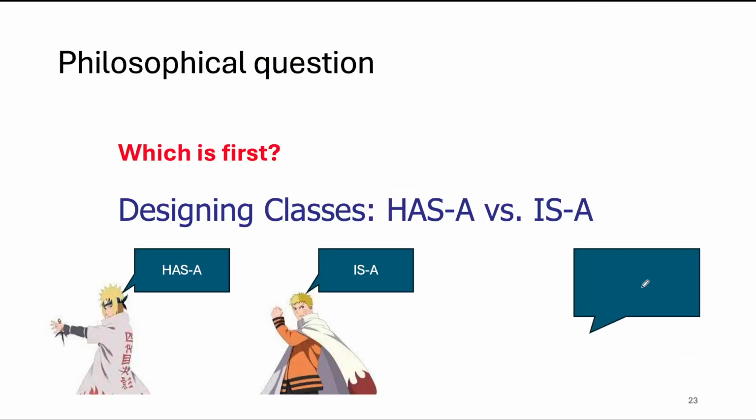The philosophical question in Java programming is which one to follow first. In the real world, we have objects that have "has-a" and "is-a" relationships.